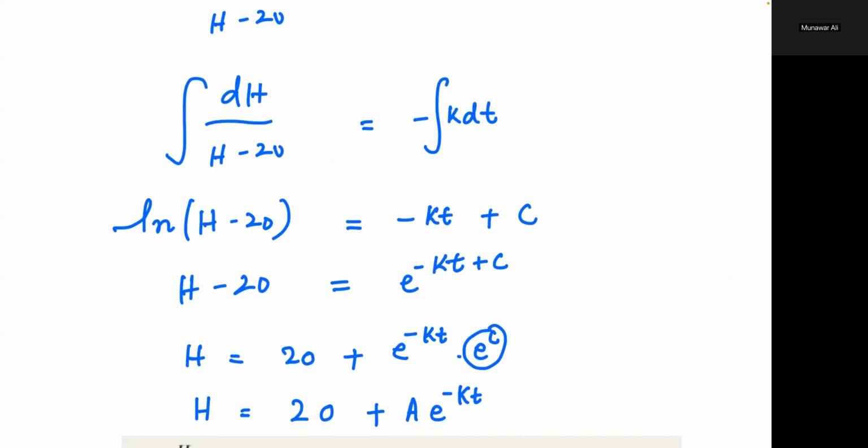So we'll be left with h is equal to 20 plus a. And maybe we can find the value of a by using some initial condition. And the value of k is 1, so we can replace the exact value of k there. So this will give us h is equal to 20 plus a e to the negative t.